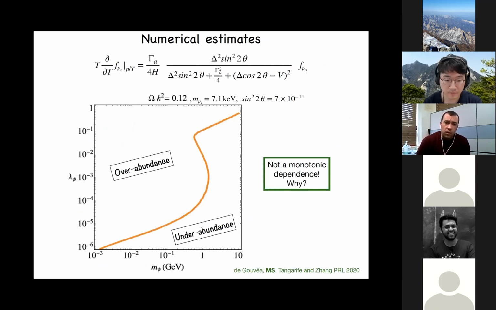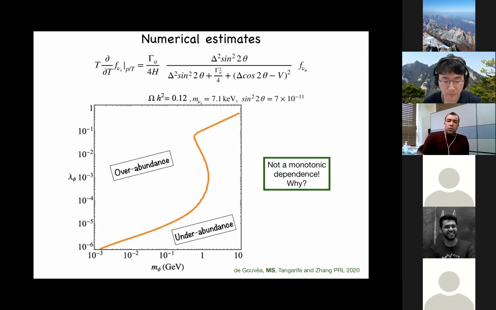That means that, for instance, for very small couplings and large mass, the dark matter would basically decouple too early and be overabundant. However, here is different, right? So you have a region which is underabundant for very small couplings and large mass.